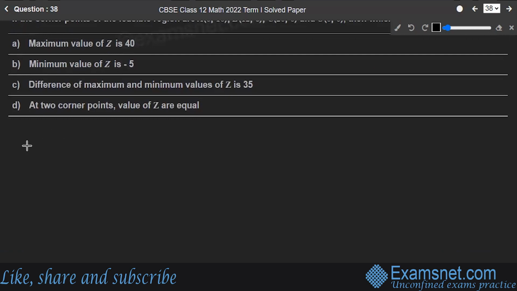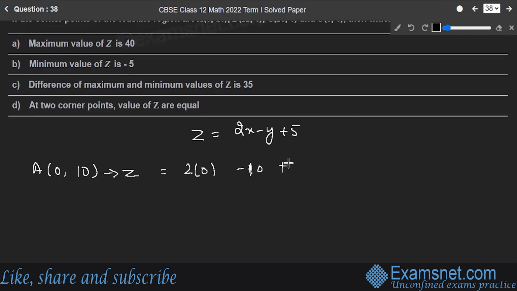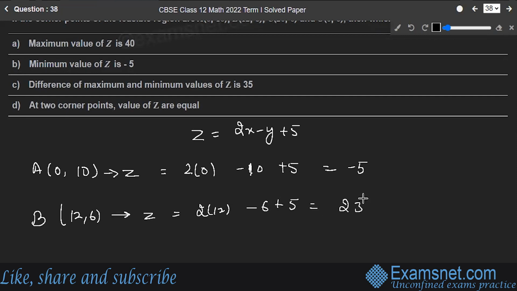So let's find out. z is equal to 2x minus y plus 5. At the point A, 0, 10, you have z is equal to 2 into 0 minus 10 plus 5. This is equal to minus 5. For the point B, 12, 6, you have z is equal to 2 into 12 minus 6 plus 5, which is 23.